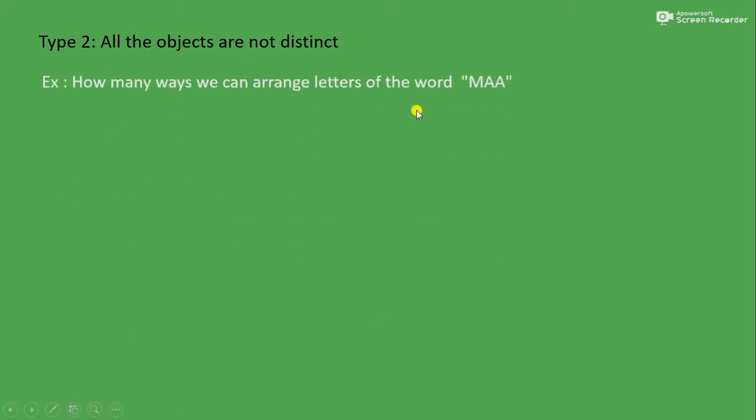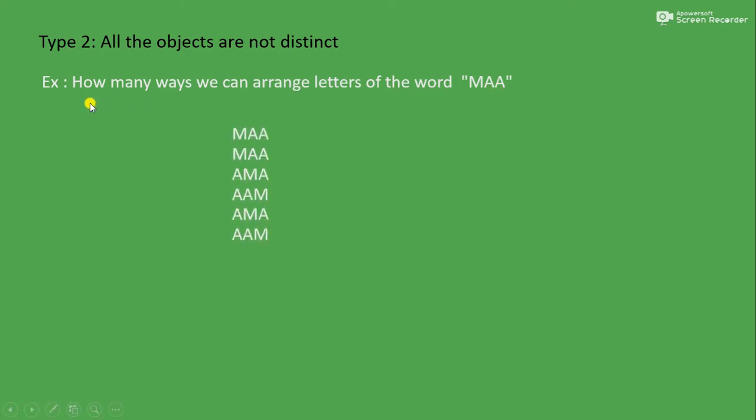For example, here we have a word, MAA. Here A is repeated two times. In such a case we can't use the previous formula.